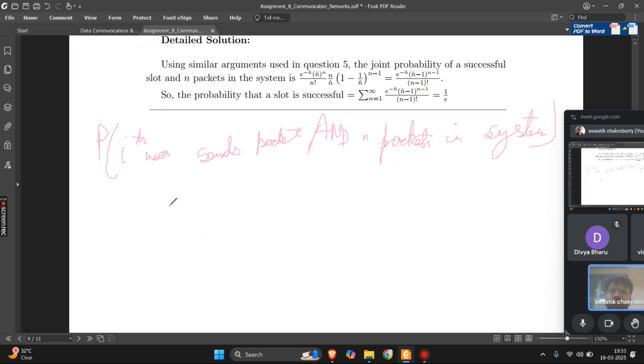The probability that a particular user will send is, sorry, I mean, this 1 by n hat. This is the probability of transmission of that packet, into (1 minus 1 by n hat) whole to the power n minus 1.